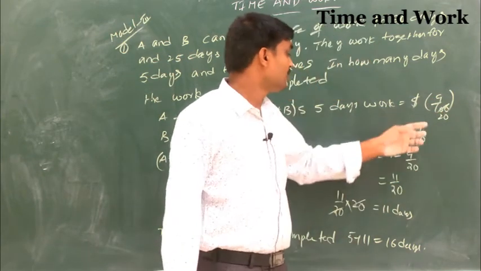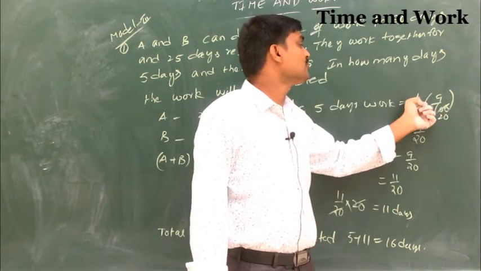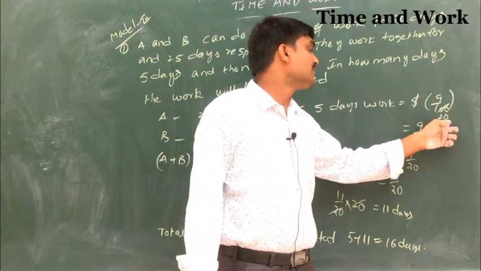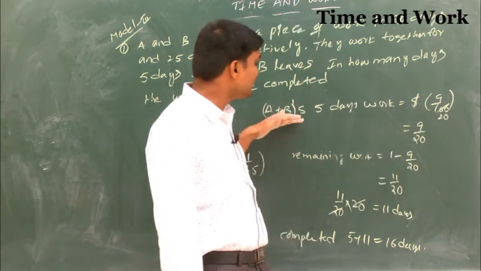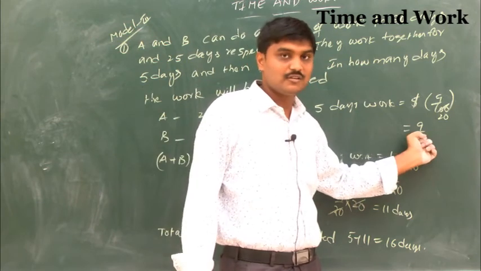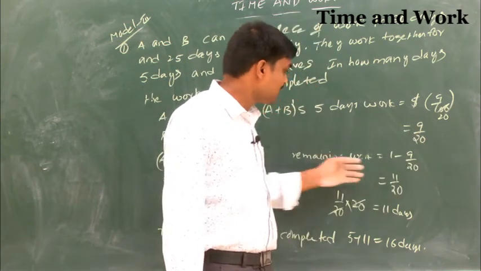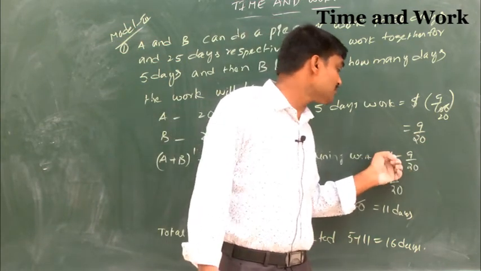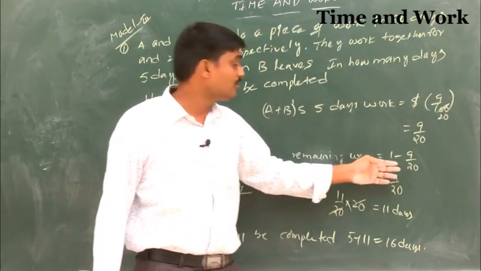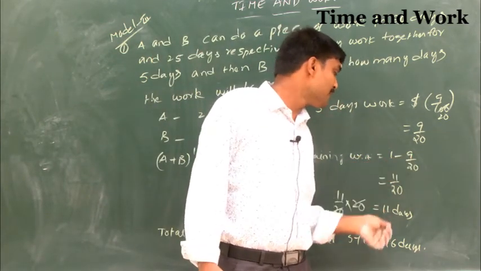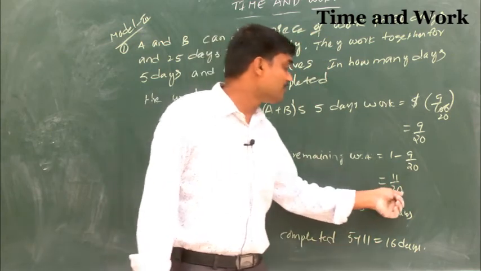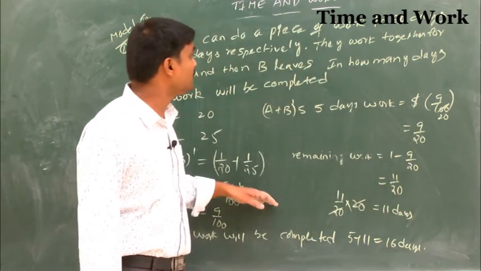That means 45 by 100, that is 9 by 20. So A plus B's 5 day work is 9 by 20. The remaining work is 1 minus 9 by 20, because you can take the work unit as 1 only, that's why we subtract from 1. So the remaining work is 11 by 20. Who will do it?